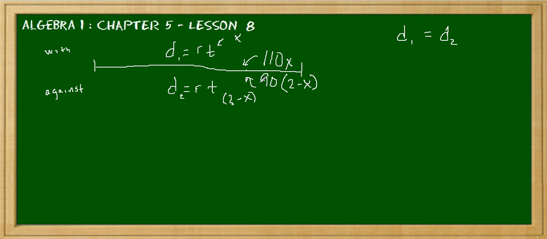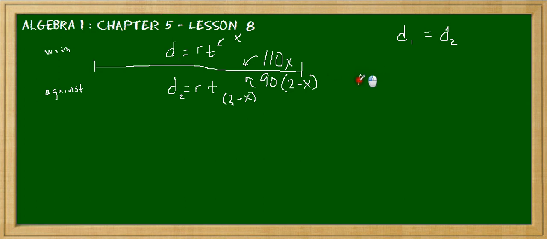So now let's take a look and say, use the information in your diagram to write an equation. Okay, so we did A, and then we did B. So we let x represent the time that the flock spends flying with the wind, and then we found out how much time it spends flying against it, using the x value. Then we drew the diagram to show the distance. So we see that. Now we can do an equation. Well, we know that the top is equal to the bottom.